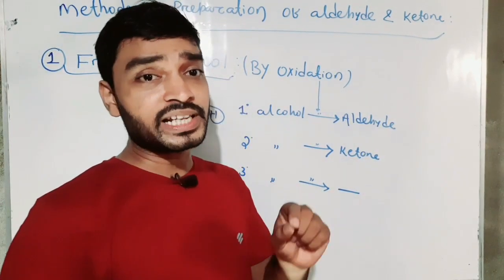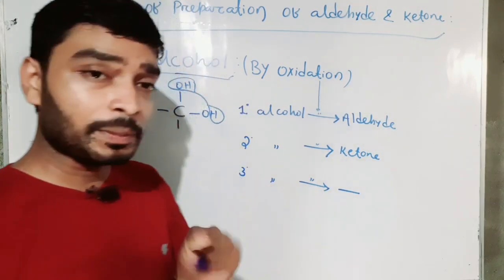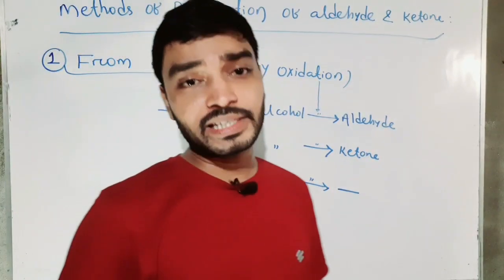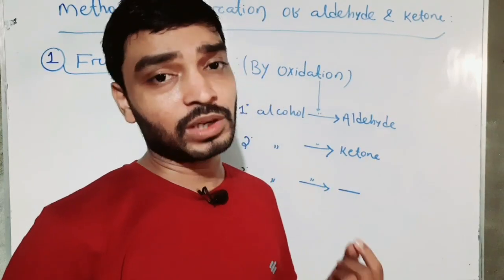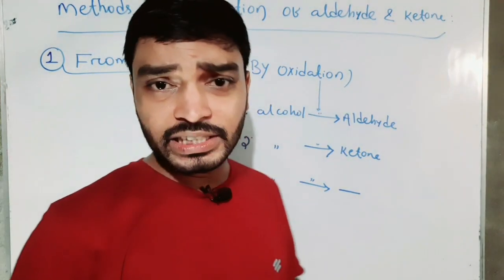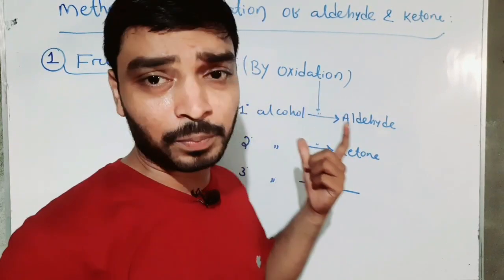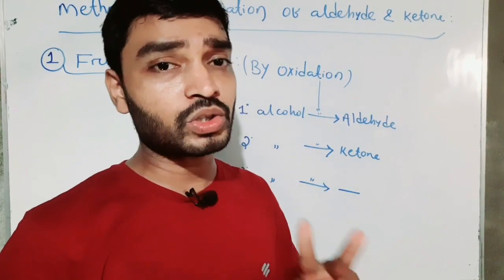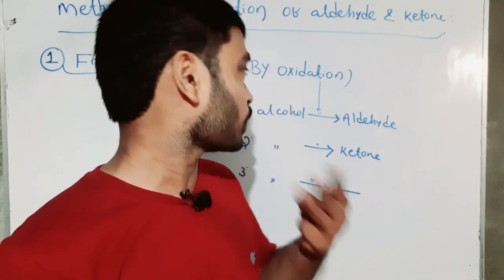For oxidation, we take two different types of reagents. One reagent is acidified potassium dichromate or potassium permanganate, and another is PCC. There are a number of oxidizing agents, but the commonly used ones are PCC, Collins reagent or Corey's reagent.